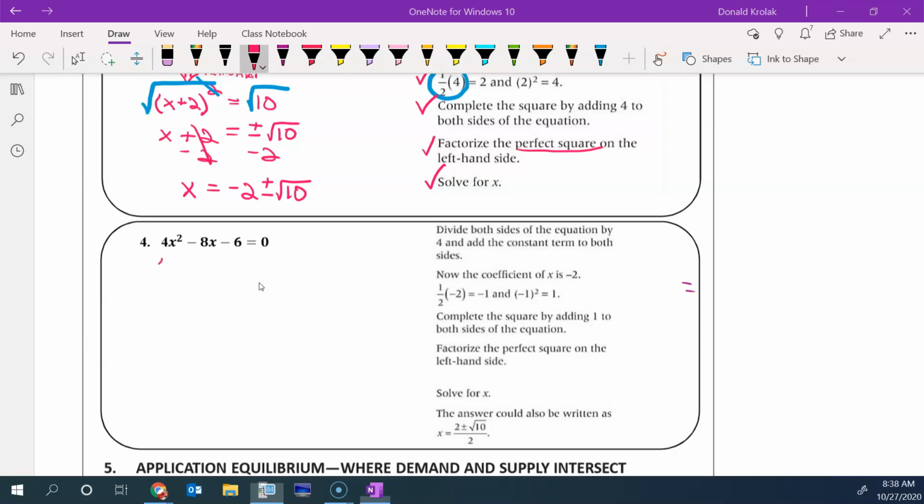I typically move it before, and everything's going to get divided by 4. So the only thing that makes this example any different, whoops, is you got some fractions.